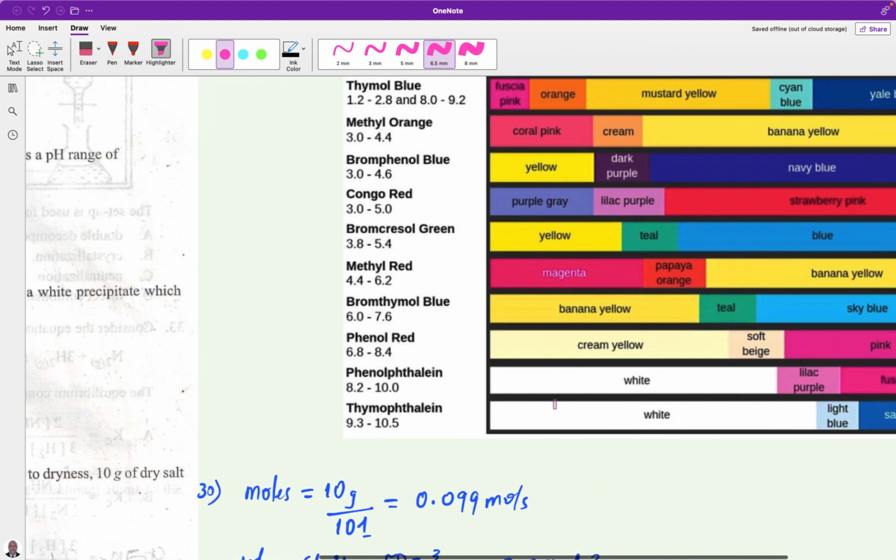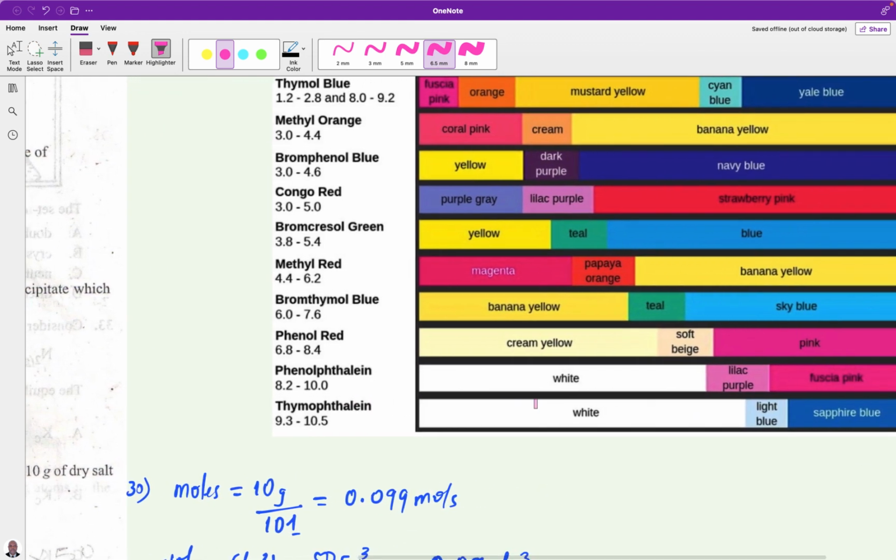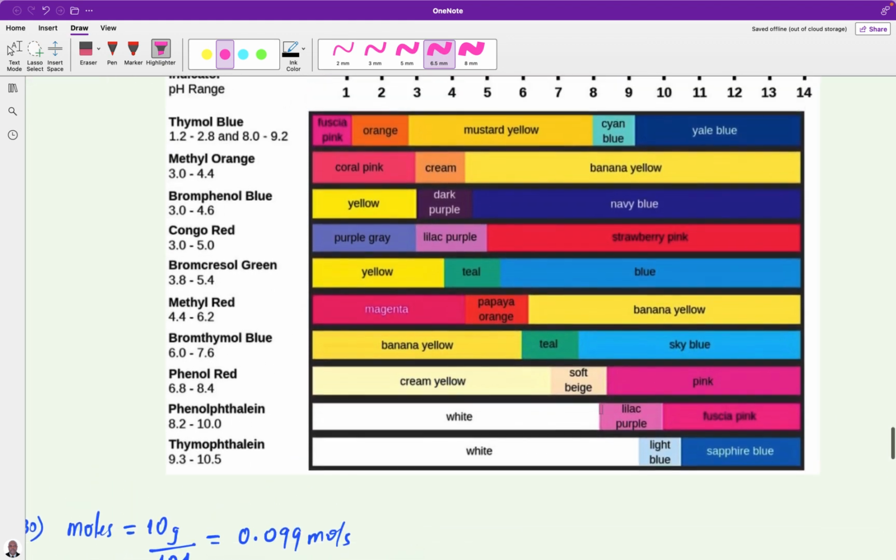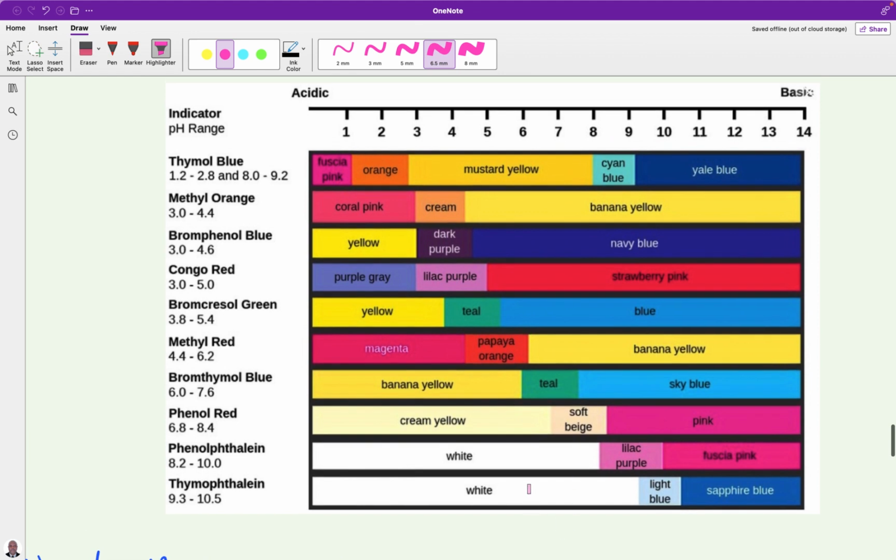And the resultant in that type of reaction, sodium hydroxide, a strong base, and a weak acid here. The weak acid is between this region 4, 3, and a strong alkali.